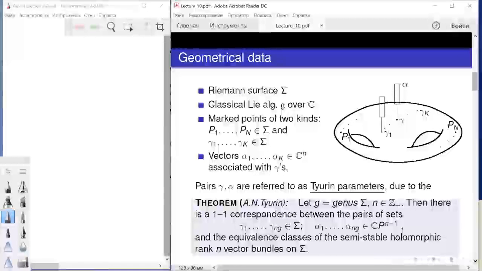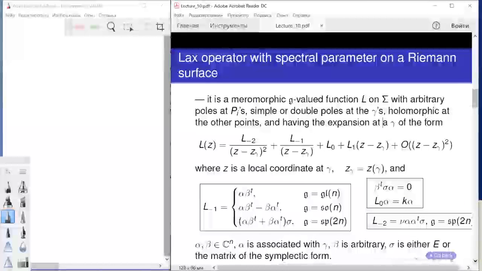So among other data, we also fix a classical Lie algebra g over C. So by Lax operator, we mean a meromorphic g-valued function L on sigma with arbitrary poles at P points and simple or double poles at the gamma points.